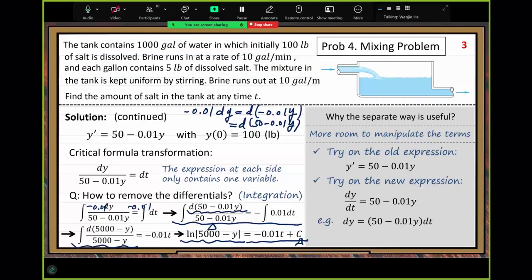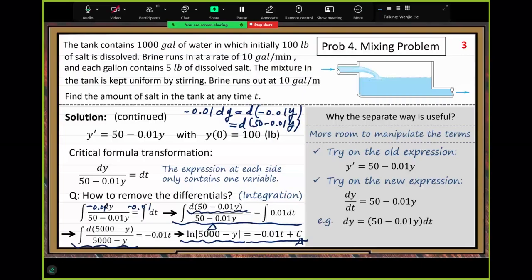Inside the natural log, absolute value of 5,000 minus y. First, y is the amount of salt in a tank.